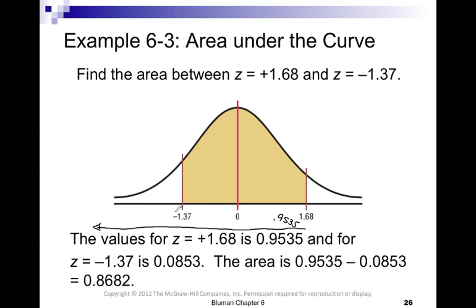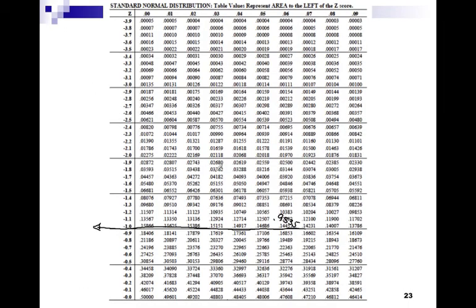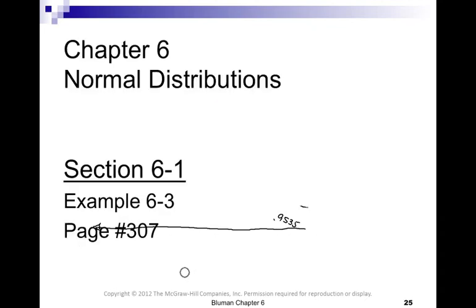And then the negative 1.37, right here, and that's still on there, but is 0.0853. So when I go back, oops, I gotta go one more.